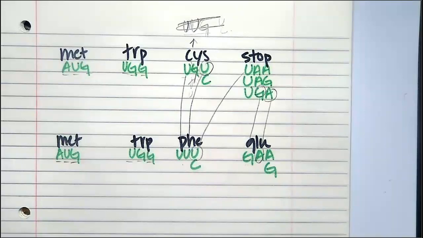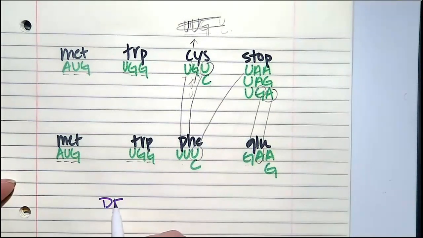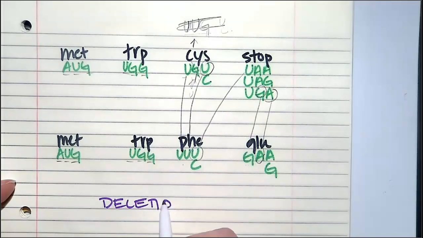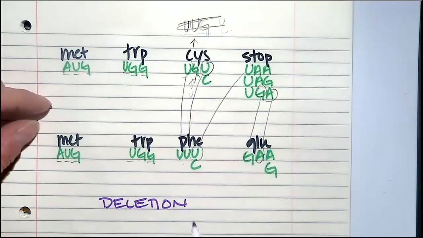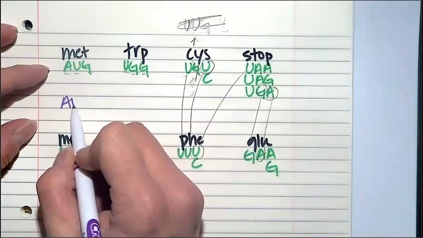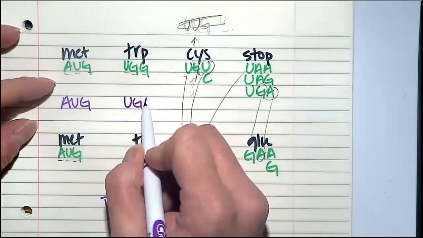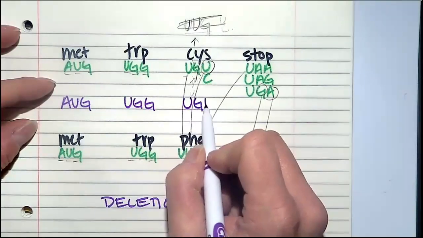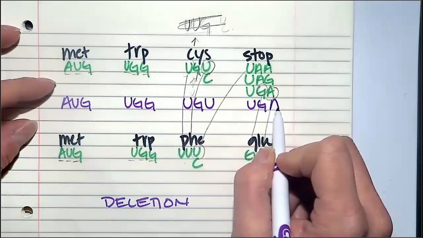So we can rewrite our normal mRNA and our mutant mRNA, now that we know that this was a deletion. Okay, so here our normal would be AUG, UGG, UGU, UGA.